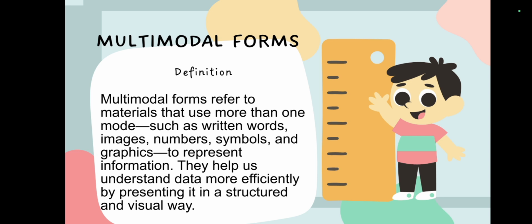They help us understand data more efficiently by presenting it in a structured and visual way. So in simpler terms, ang multimodal ay ginagamit or use more than one way to present information like the words, pictures, and numbers together.